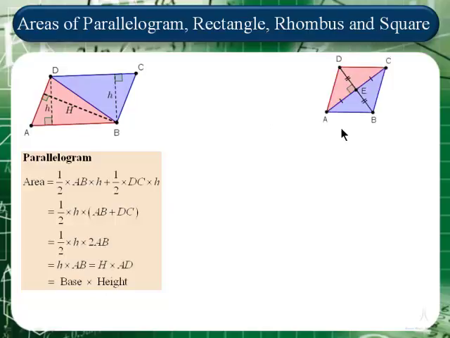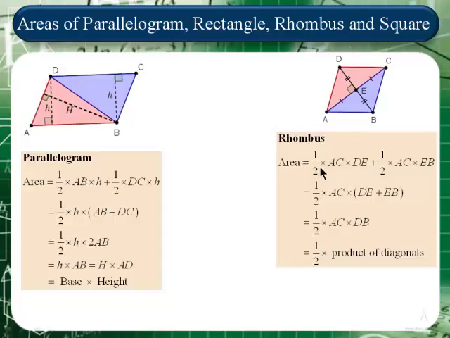If we look at a rhombus, now remember the properties of a rhombus, so again we can say that the area of the rhombus is half AC times DE, because remember, we know that the diagonals bisect each other perpendicularly.